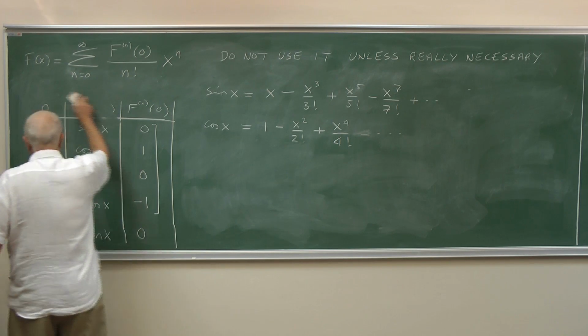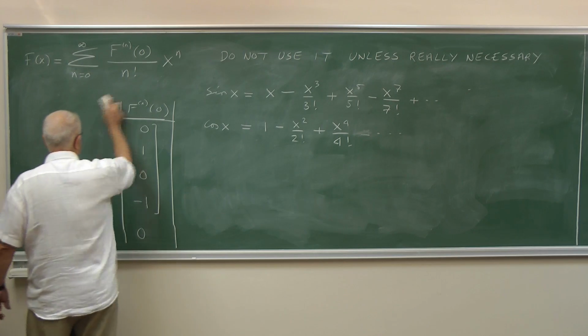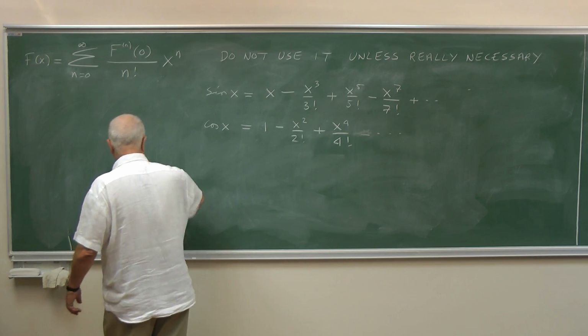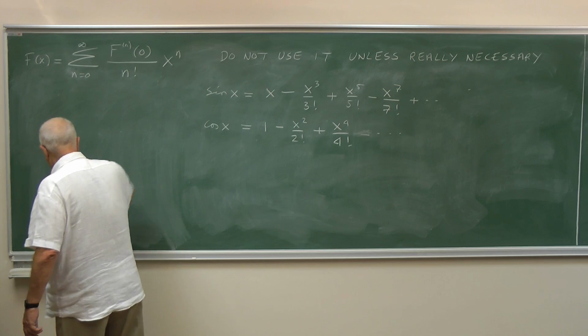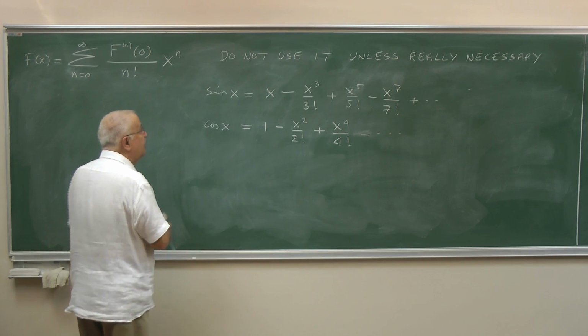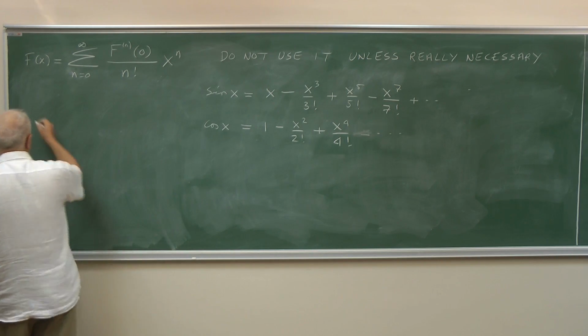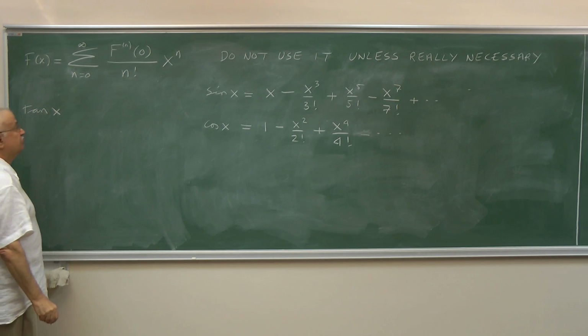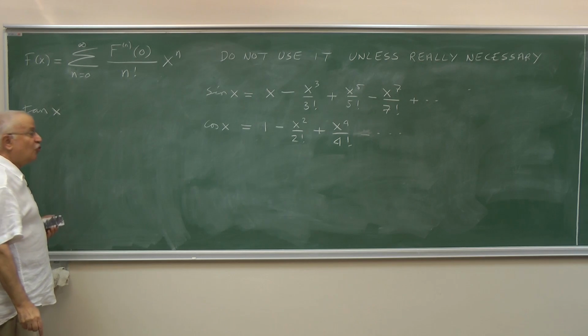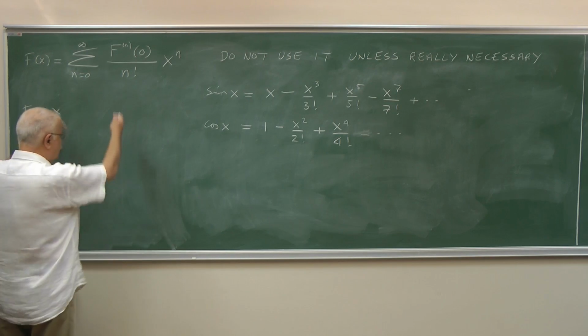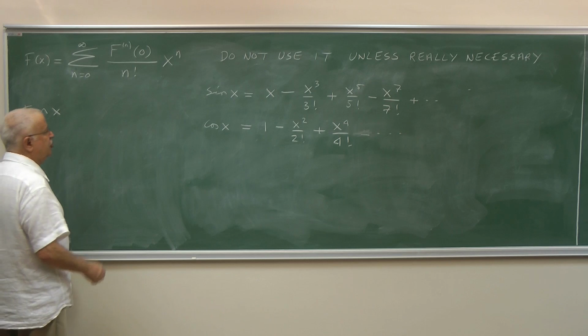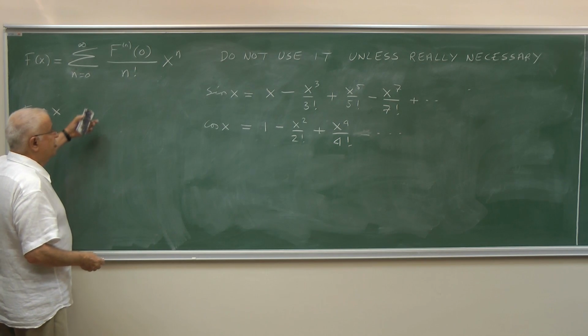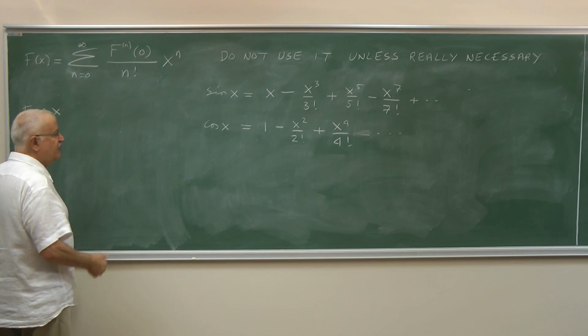Let's go to hard cases a little bit. For example, we know, as you see, sine and cosine. How about tangent x? Well, for tangent, we can go through the same motions here, writing tangent, then getting its successive derivatives.